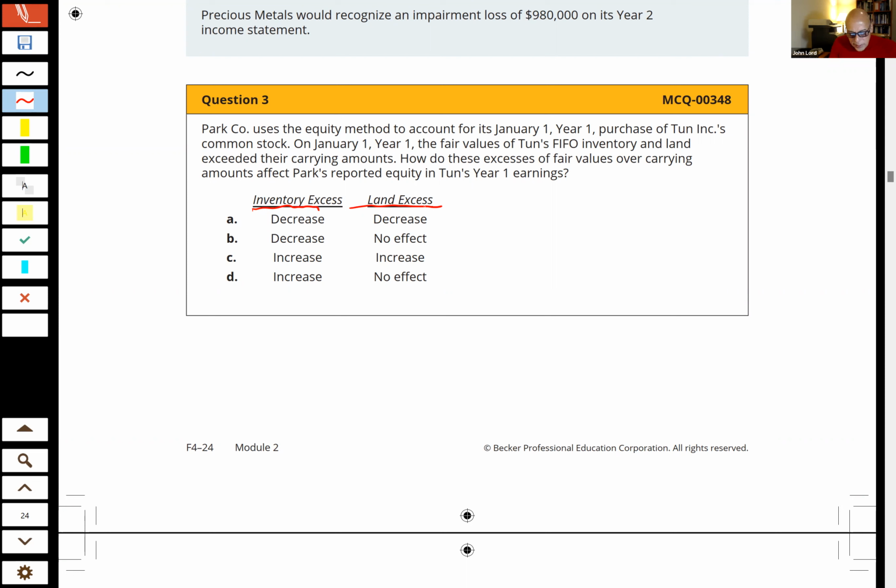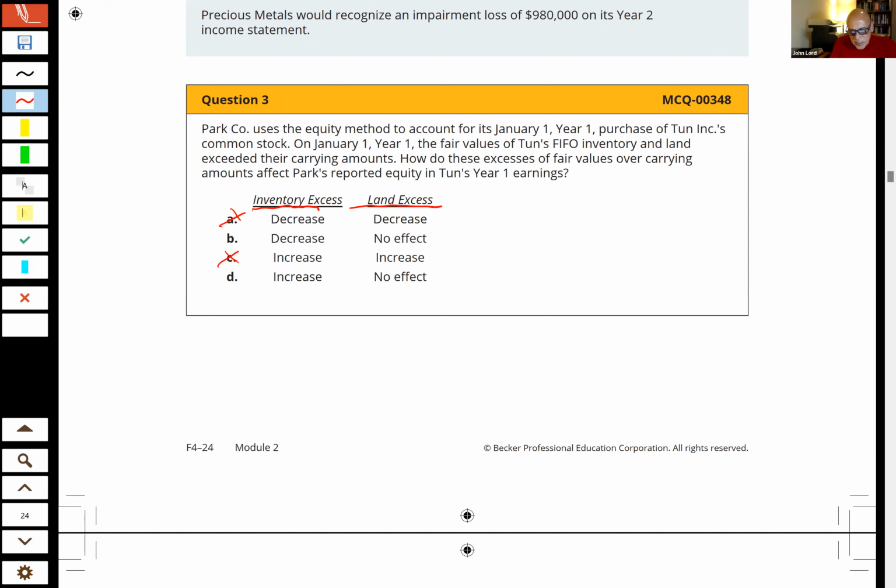Now, when you look at land, because we don't depreciate land, there is no effect on net income for a write-up in the value of the land as it goes from the consideration from the investor to the investee. So we know that the answer can't be what? Can't be A and can't be C. And I don't think anybody picked those.